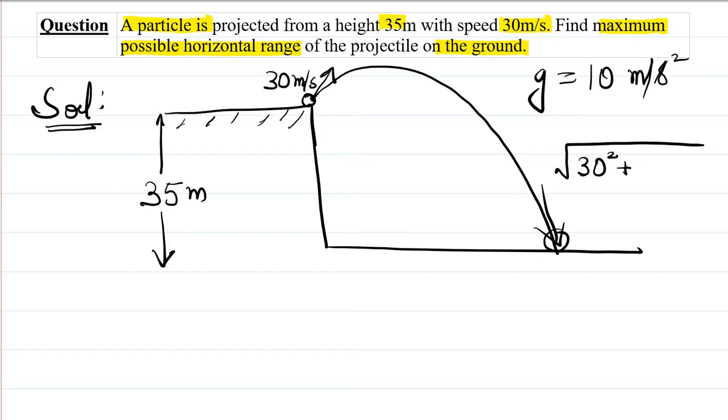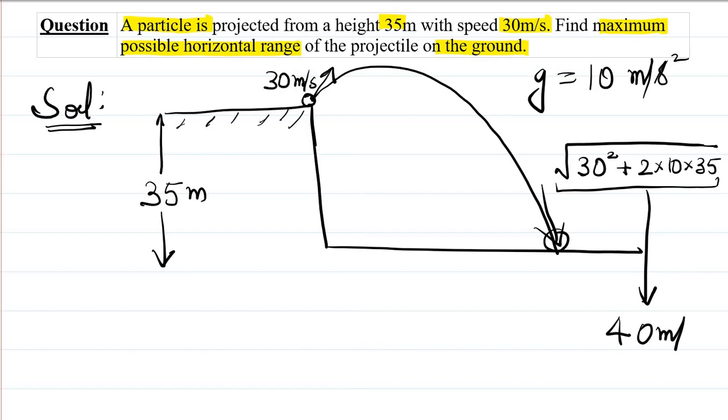So using that acceleration, 2 times 10 times the height, which was 35 meters. Using this formula, we obtain the speed with which the particle lands on ground as 40 meters per second.